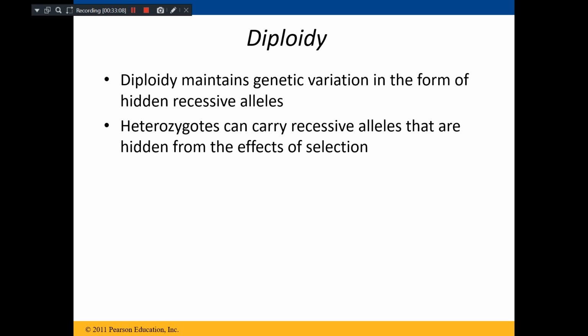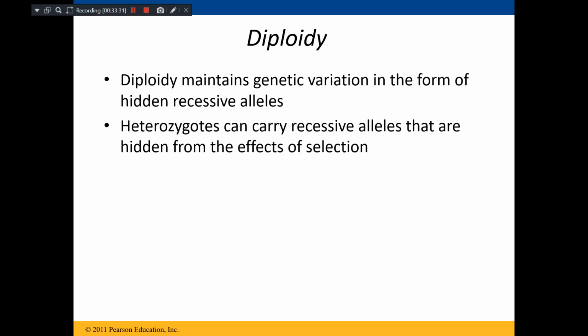For example, diploidy is one such mechanism. It maintains the genetic variation in the form of hidden recessive alleles. Heterozygotes carry recessive alleles that are hidden from the effects of selection because they are not expressed.